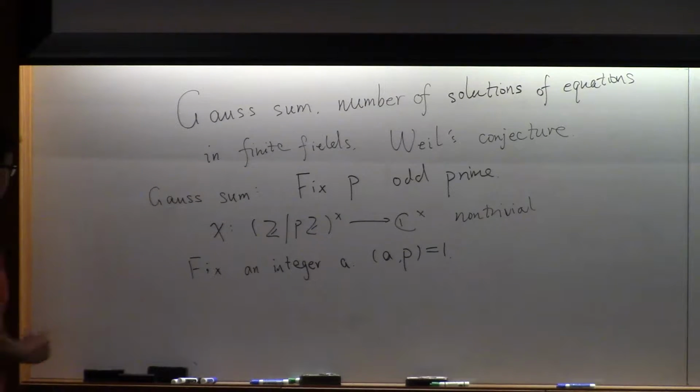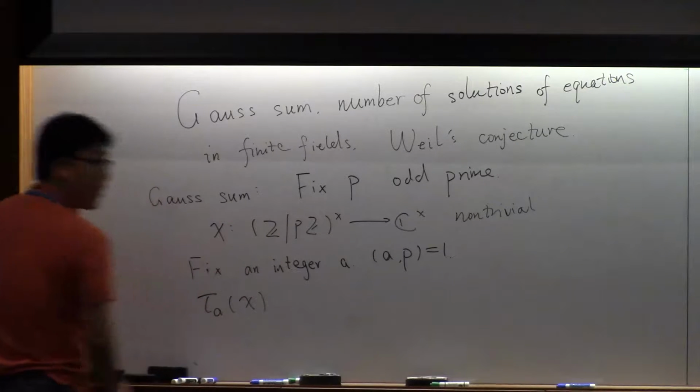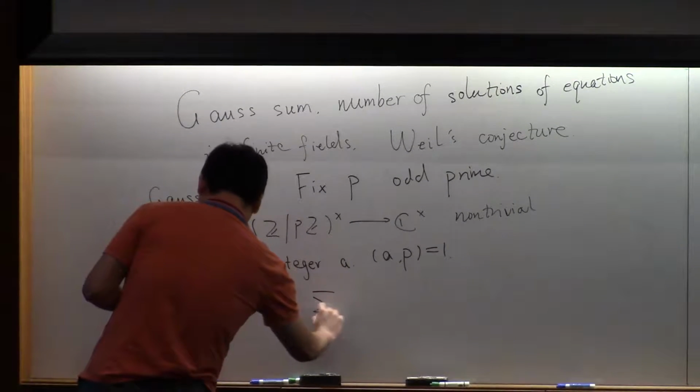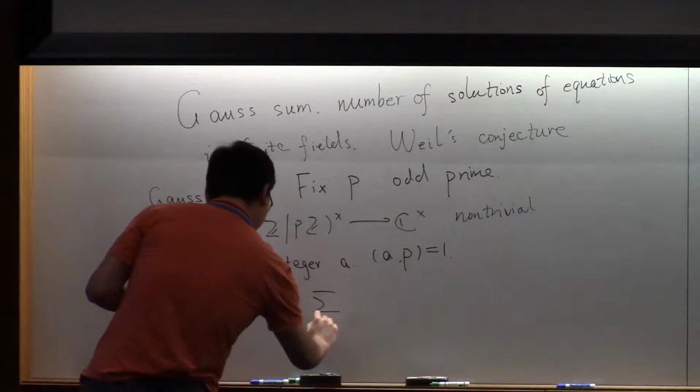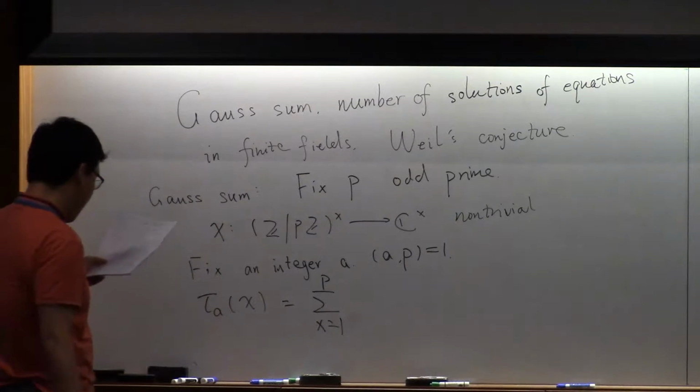Under these notations, we define the Gauss sum of the character chi to be the sum over x from 1 to p.